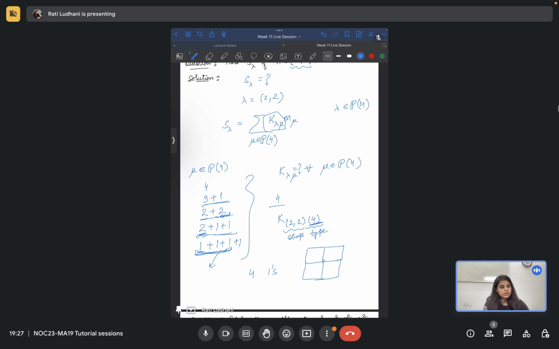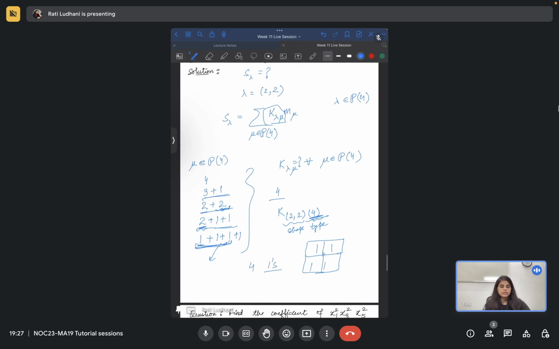You consider whatever type is given: the first number will tell you how many ones there are, the second place will tell you how many twos there are, and so on. So you have 4 ones right now, so you can have 1 at all the places. But is it a semi standard tableau? No, ma'am.